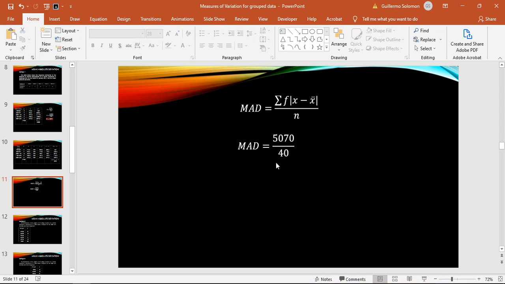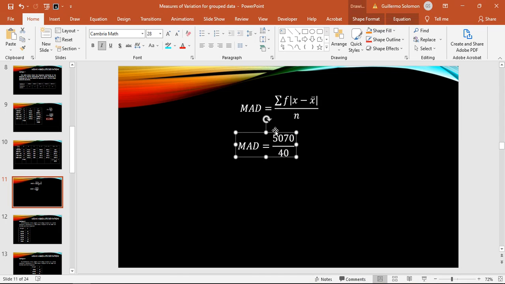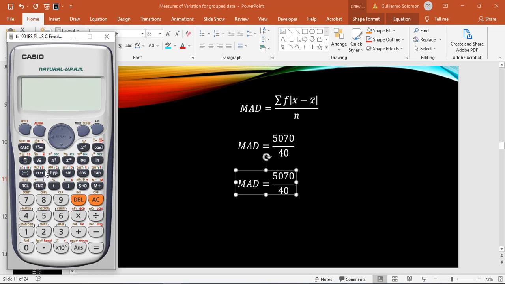Okay? So, apply the operation. So, 5,070 divided by 40, that is 126.75.